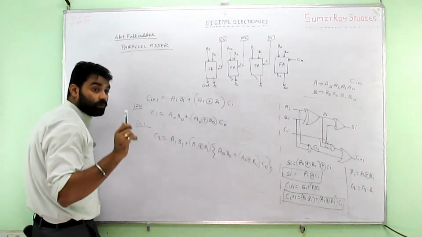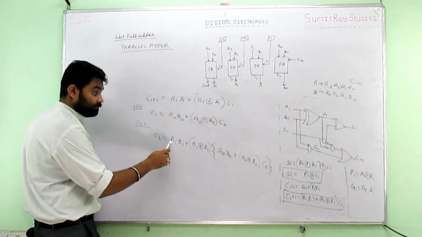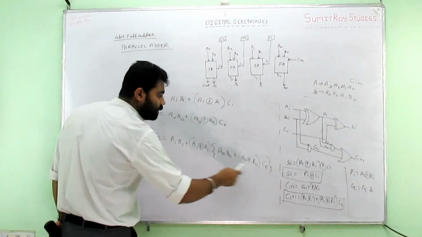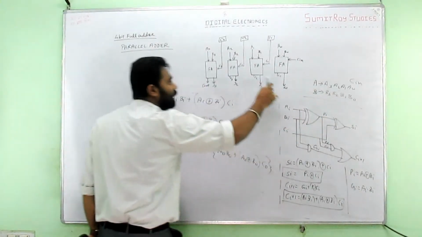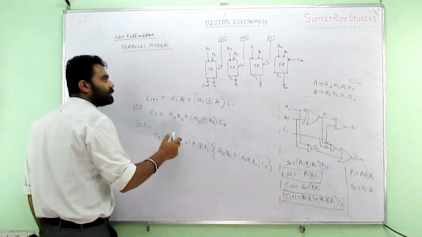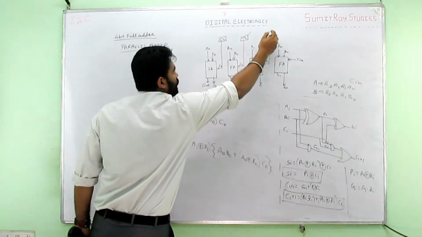Now look at it. C2 is a function of what? A1 B1, A naught B naught and C naught. All of them are already available. So why do we have to wait for this to give us output? We can develop this circuit altogether on our own.